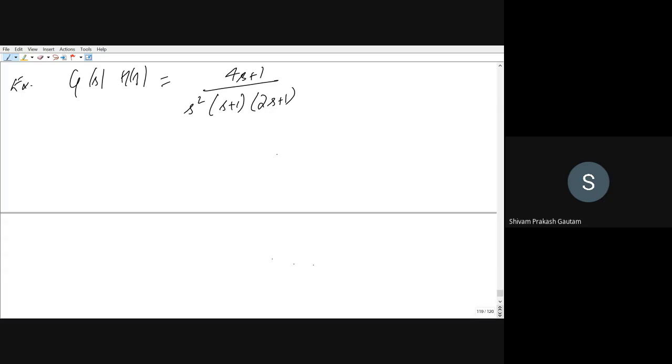This is the open loop transfer function which has been provided. Here we have to determine the stability via Nyquist criteria. So you have to determine whether the system is stable or unstable by Nyquist criteria.